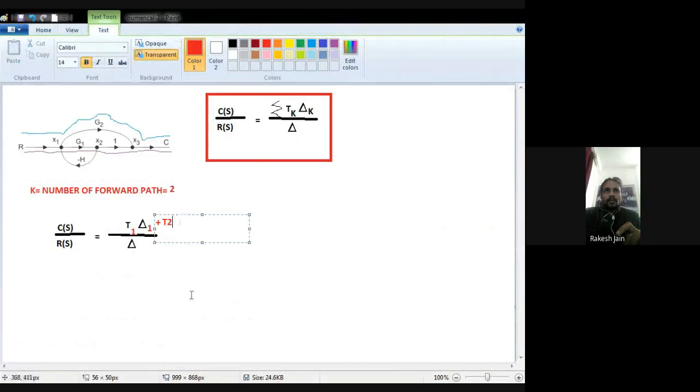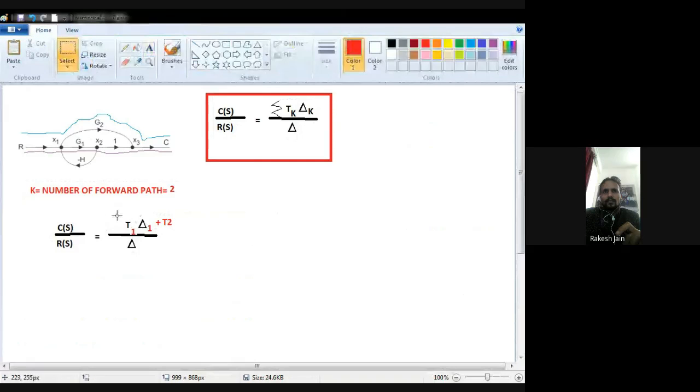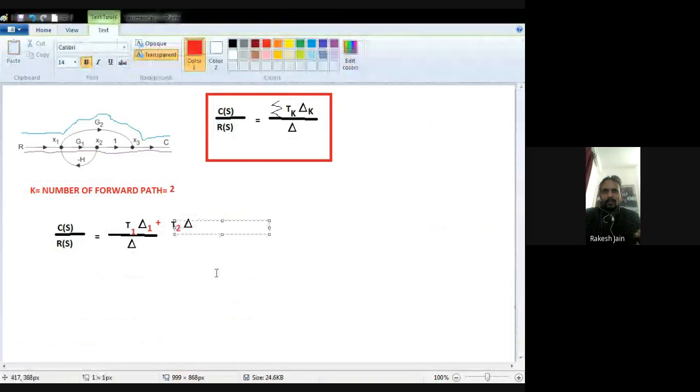So I have to write down two terms: T1 del 1 plus T2 del 2.